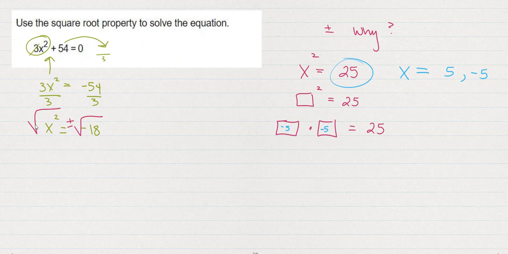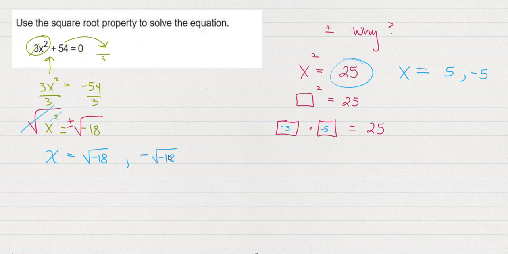Now the square root of a square or the square of a square root, they undo each other because they're inverse operations. So we're just left with an x on the left, and on the right, it's correct to say that x is the square root of negative 18 or the opposite, the plus or minus, right?